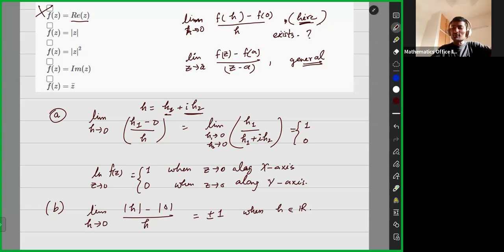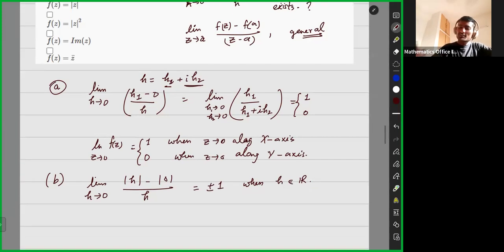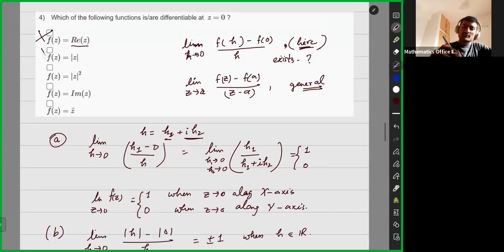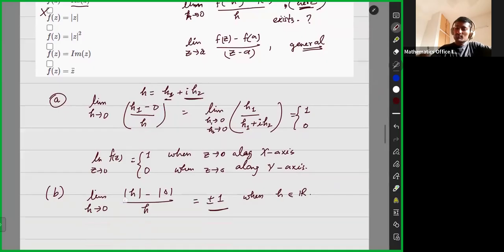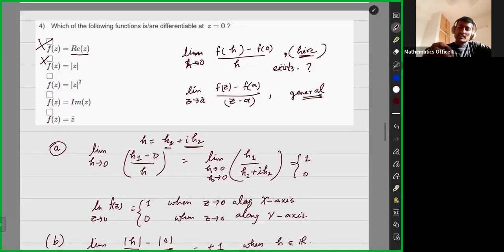So here it is wrong, of course. Now the limit does not exist uniquely, so it doesn't exist. So the choice is clear now, so I don't need to write that. Mod z is always positive, but yes.